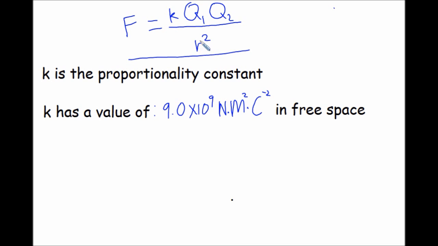And we can also get the distance between those two charges if we have the magnitude of the force and the charges. So that is how we use Coulomb's law. In the next video we will look at solving some problems that involve Coulomb's law.